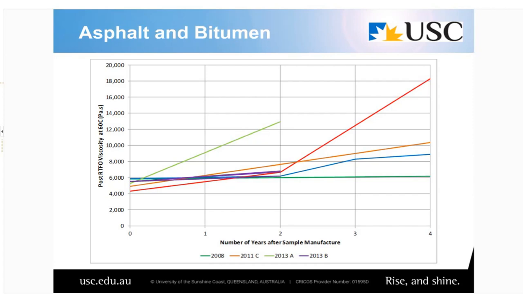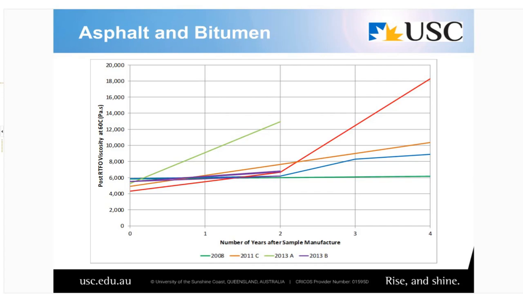Then you've got the red line, which was reasonably flat for 2 years and then accelerated up after 2 years. And then you've got probably the most concerning one, which is the 2013 light green sample, which when it was tested only 2 years after it was produced, was already double the stiffness or the hardness of what it was produced at.